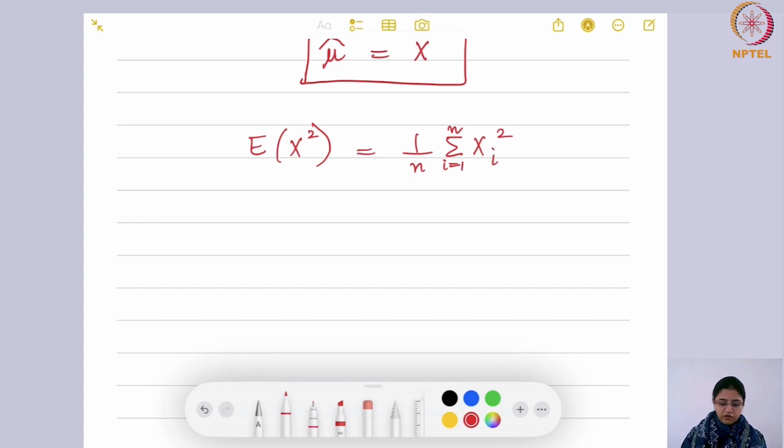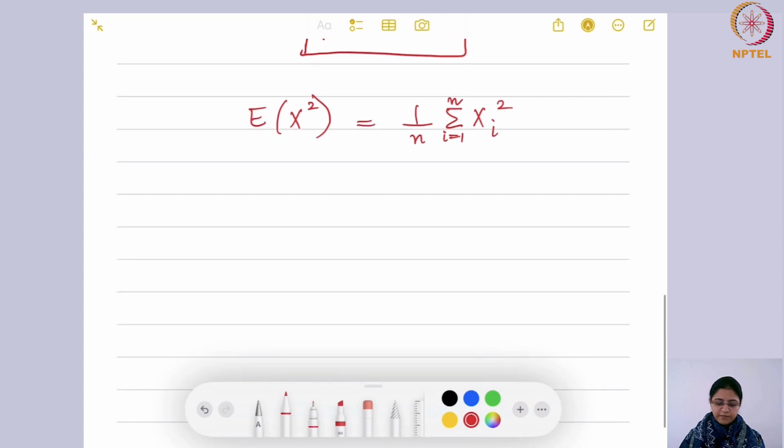Now when you are dealing with expectation of x square, how do we get expectation of x square? The variance of a random variable is expectation of x square minus expectation of x whole square.